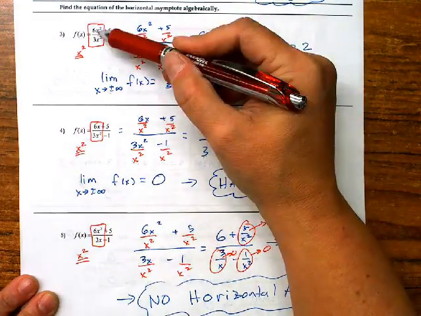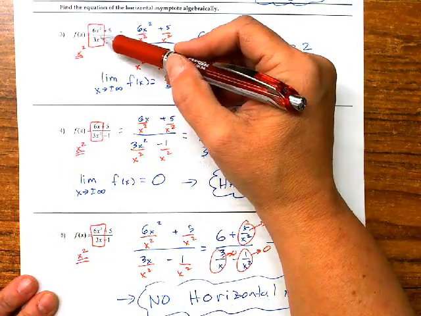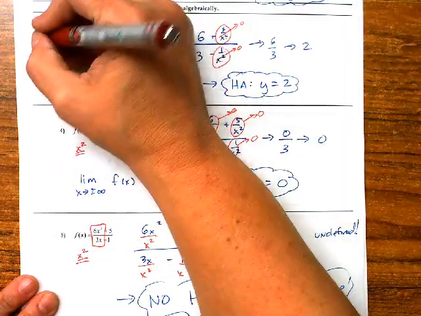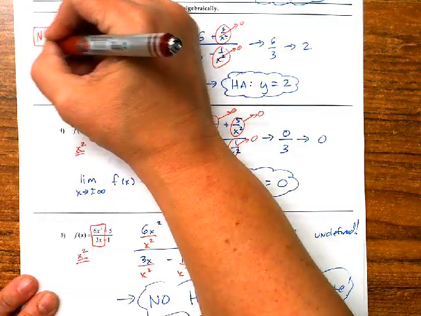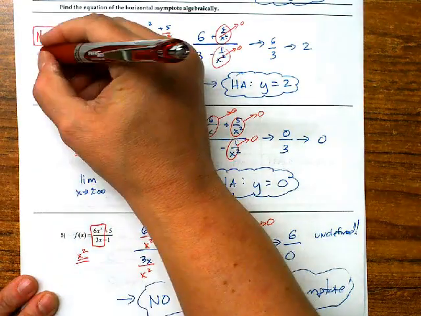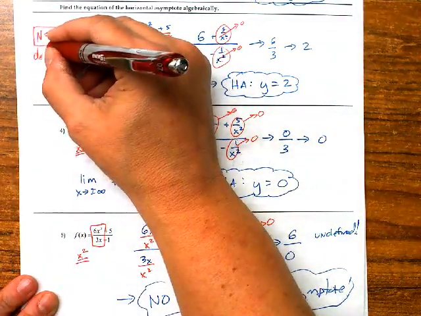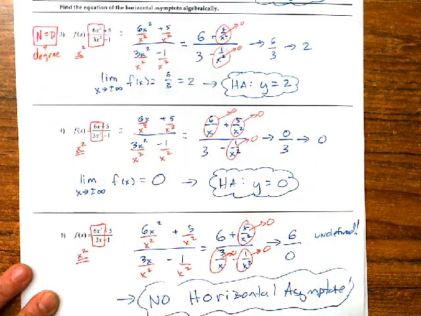In the first problem we did together, the highest power up high matches the highest power down low. I'm going to note that really quickly by saying numerator equals denominator, and I'm talking about degree when I make that statement. The degree of the numerator matches the degree of the denominator.